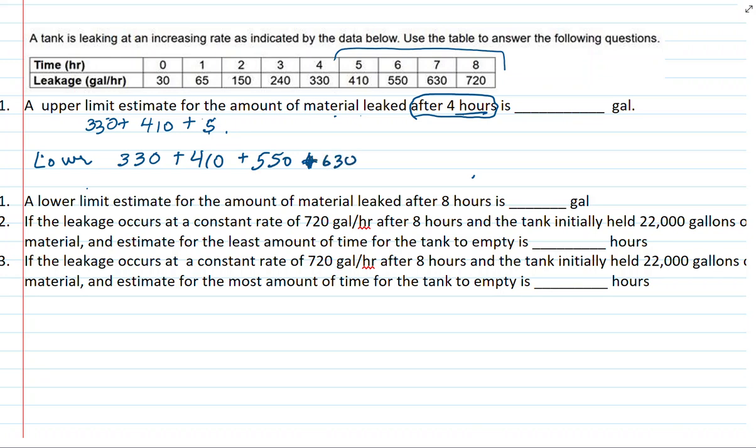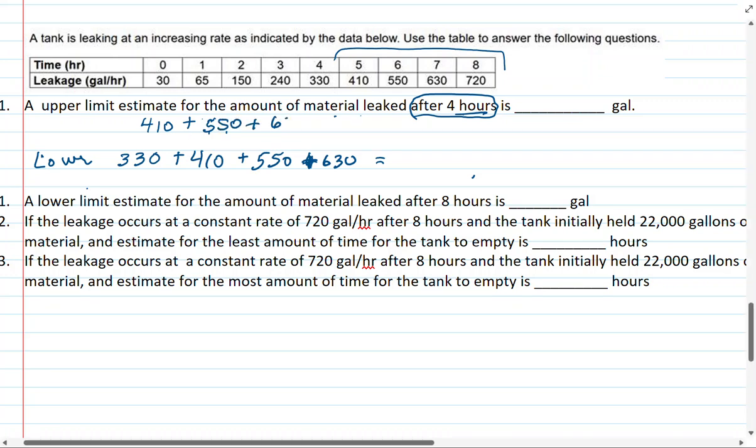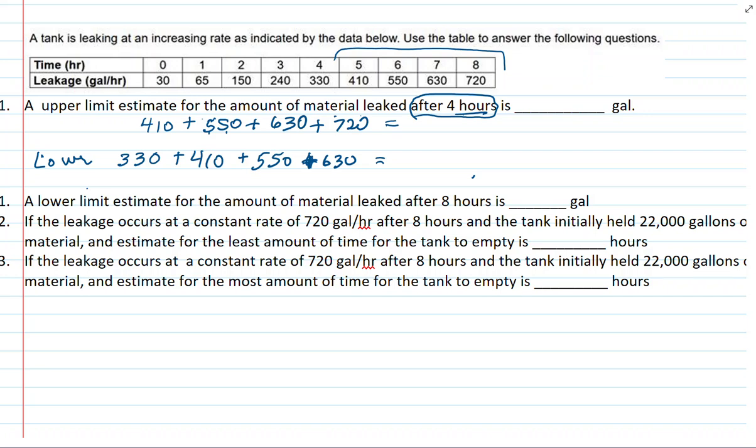Okay, I would stop at the 630. On this one, which is the upper, I would start at the 410, then the 550, the 630, and the 20. Okay, does everybody got it? I just wrote it backwards.